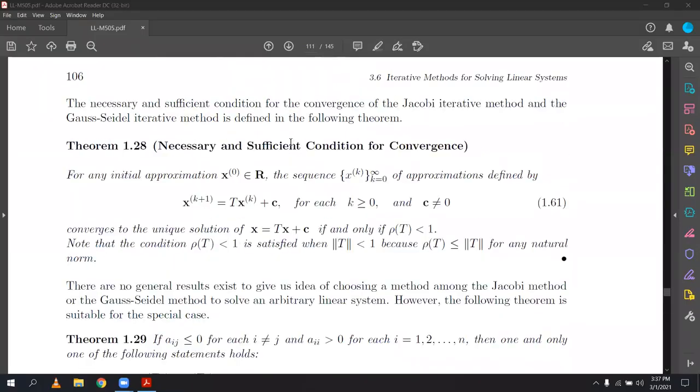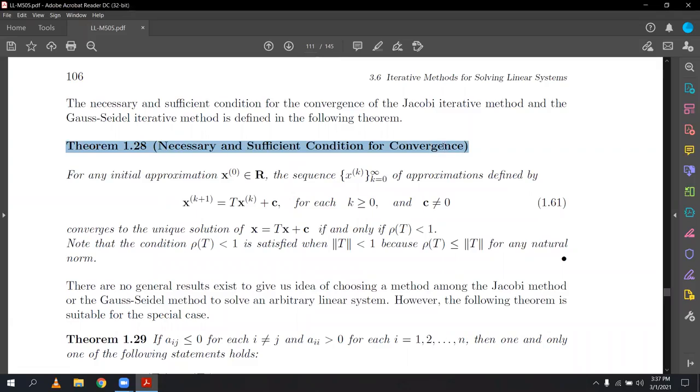And I give you the sufficient condition, the third one and the best one, the convergence condition for the iterative method. You remember we already discussed two. One is if your system is SDD, then the iterative method converges.